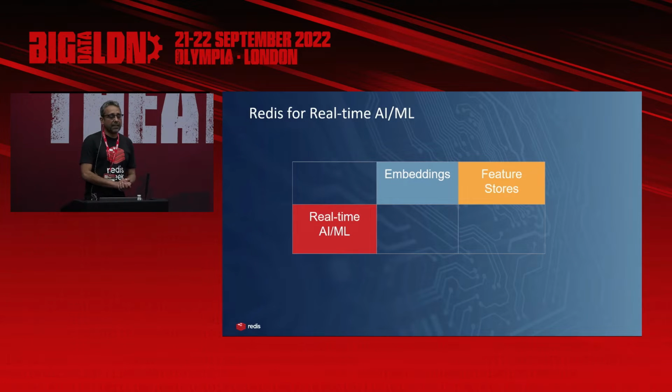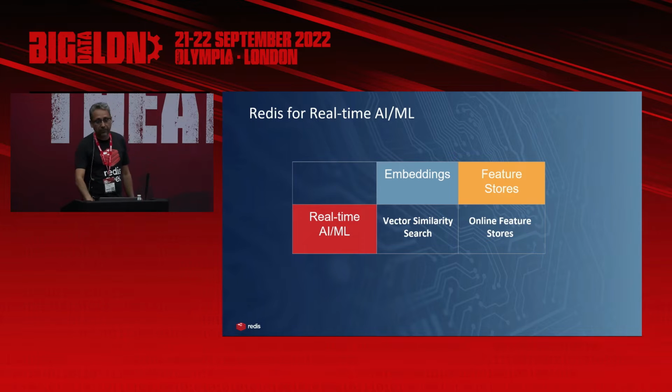So we see Redis in two different places for AI and ML. One is embeddings with vector similarity search or neural search, where you can find similar kinds of images or text or things like that. And the second one, which is the focus of this talk, is online feature stores.